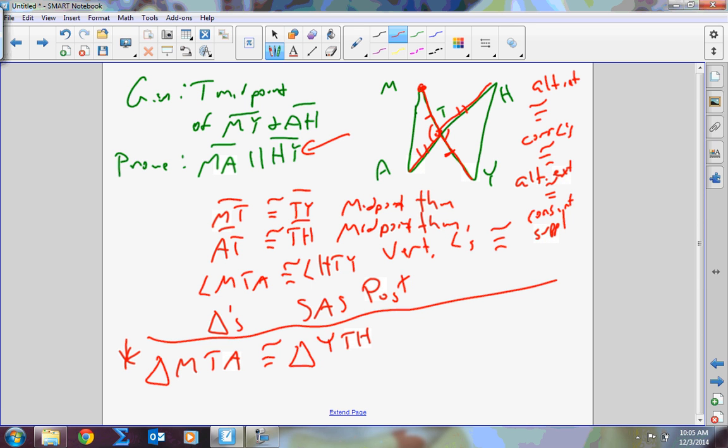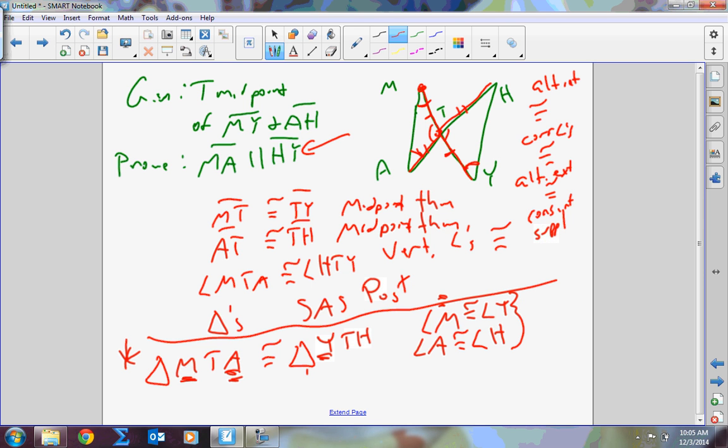So now, what angle is congruent to angle M? Angle Y is. And what angle is congruent to angle A? Angle H is. Oh, neat trick again. These are not congruent because they are alternate interior angles.